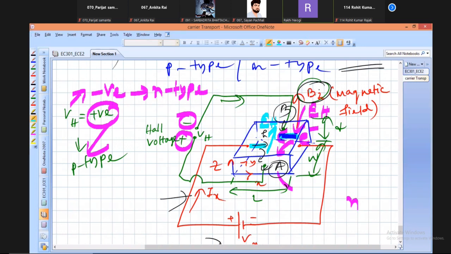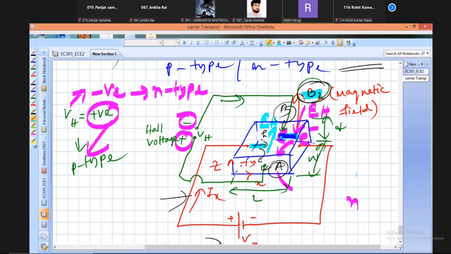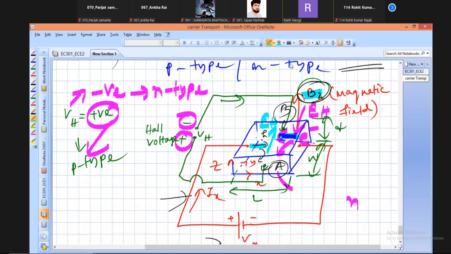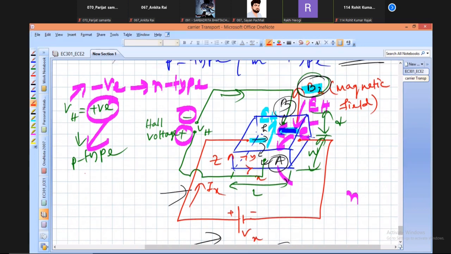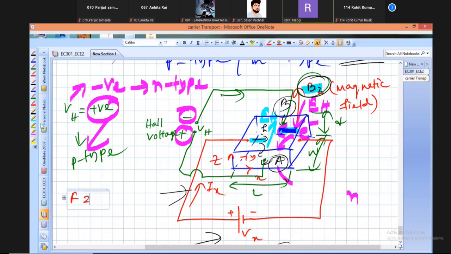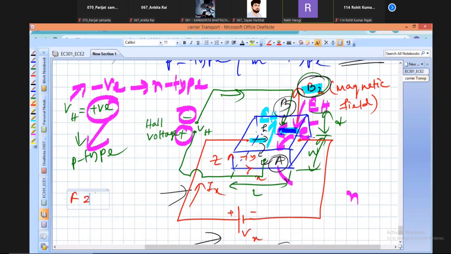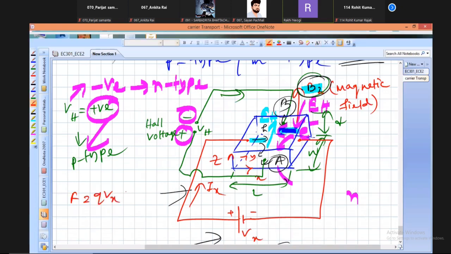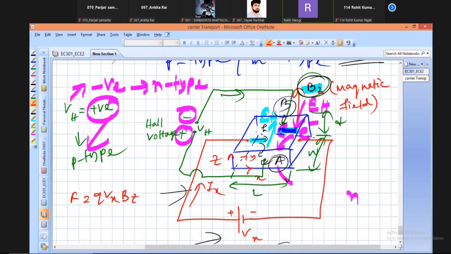Then, due to the presence of this magnetic field, the particles will experience a force. In the previous class I mentioned the Lorentz force. That force will be F equal to q(v × B), and this force will be experienced in the negative y direction, as I already mentioned.